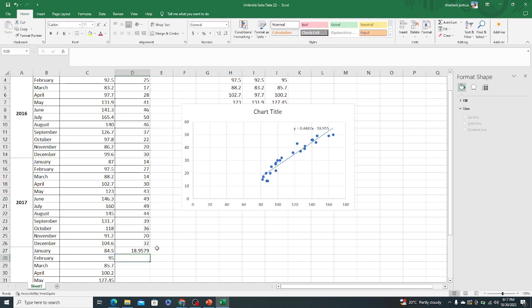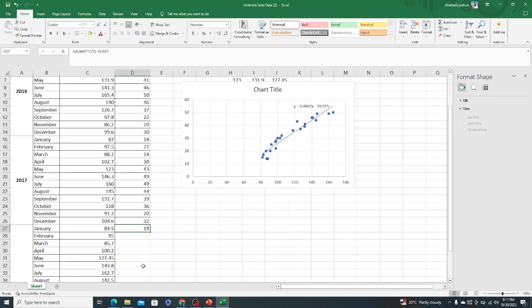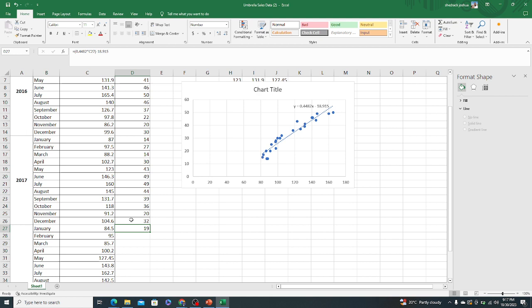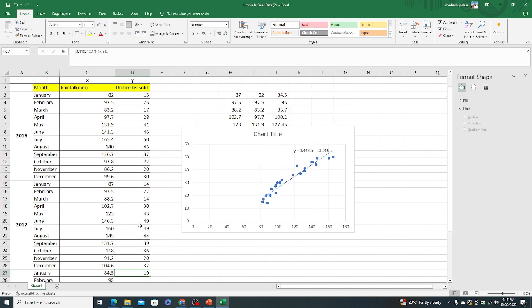Okay, so basically, roughly we might sell 19 umbrellas. Okay, we might sell 19 umbrellas. And if you check between 83.2 and 84.5, you can see the model might be that close.